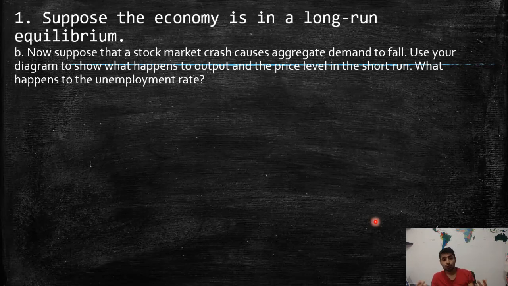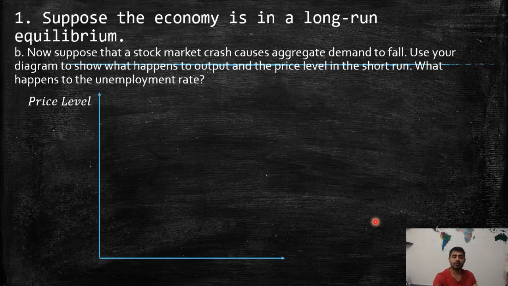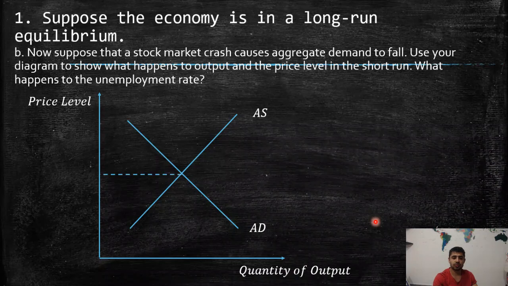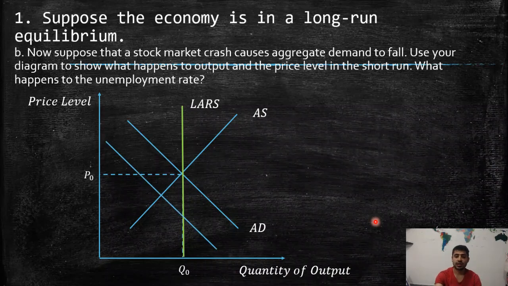B. Now suppose that a stock market crash causes aggregate demand to fall. Use your diagram to show what happens to output and the price level in the short run, and what happens to the unemployment rate. Here we have again the same scheme, so we start from the same point. Now the aggregate demand falls, so naturally it shifts to the left.